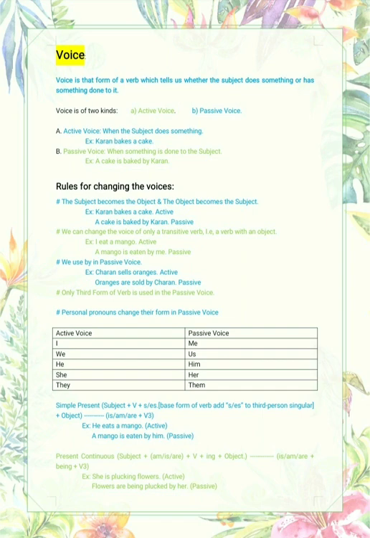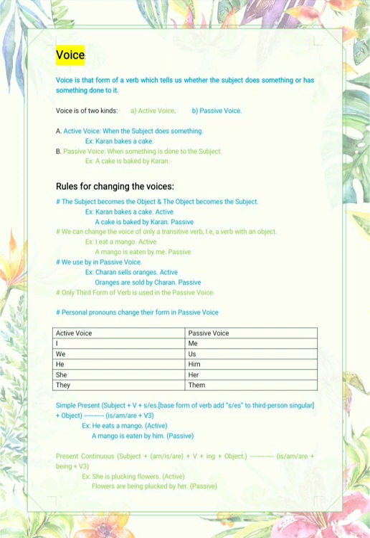So in every sentence so far, you can see in the passive form I have always used by. Another rule is that only the third form of the verb is used in the passive voice. While writing passive voice, the verb we use should always be in the V3 form, that is the past participle form, and no other form.